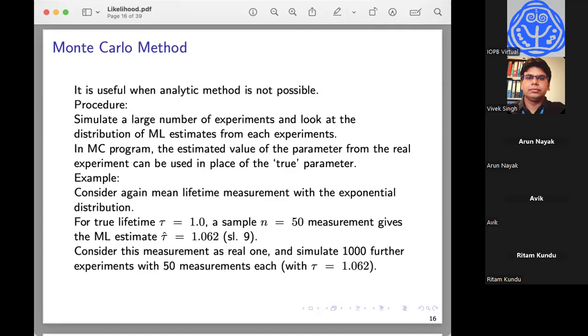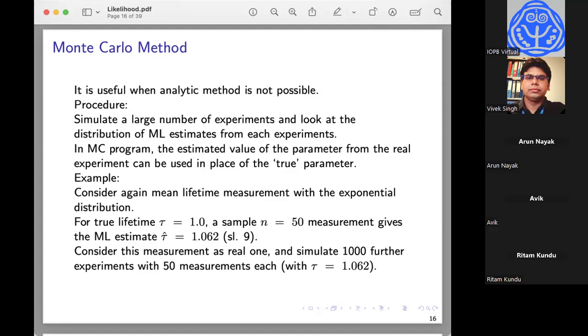Now you don't know the exact value of that parameter, so you only have an estimate. What you want to quote is that I estimated this value from my set of observed samples, and now I want to quote an error on this estimate. How do you quote that error?